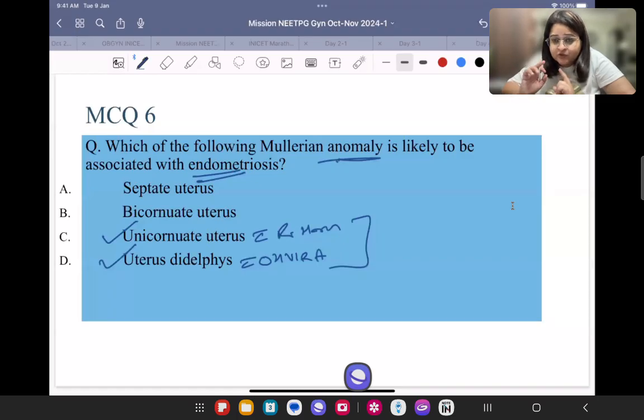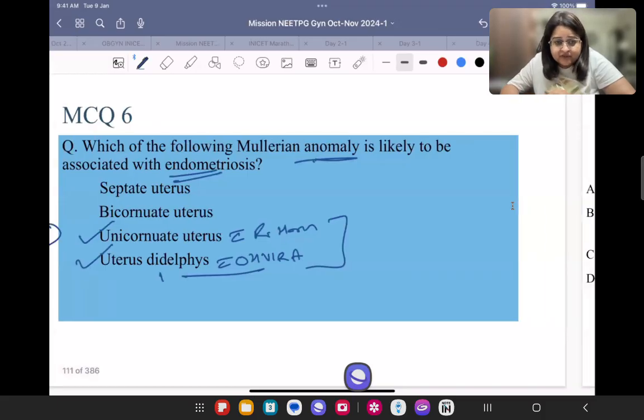But if you have to choose one, then C is a better option, because I told you 60% of unicornuates will have a rudimentary horn, whereas less than 5% of didelphys will have OHVIRA. OHVIRA is a very, very rare syndrome. You're more likely to encounter a unicornuate uterus than OHVIRA syndrome.